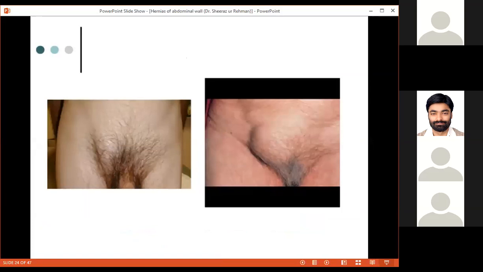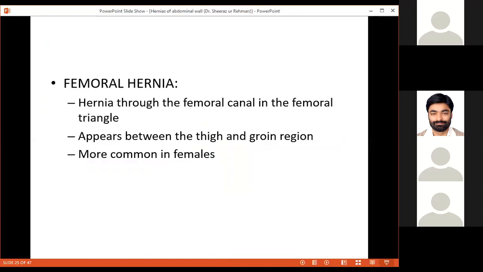This is another example of a patient with an inguinal hernia. In the first picture, the patient has a small inguinal hernia. On the other hand, you could see a hernia on the right side of the patient as well. So these are another two pictures depicting an inguinal hernia.